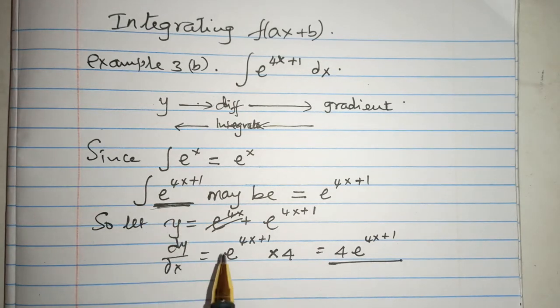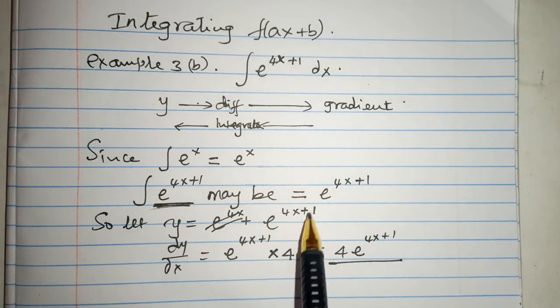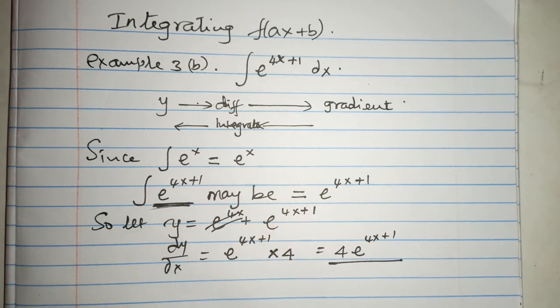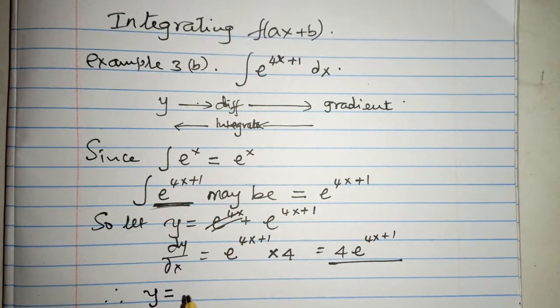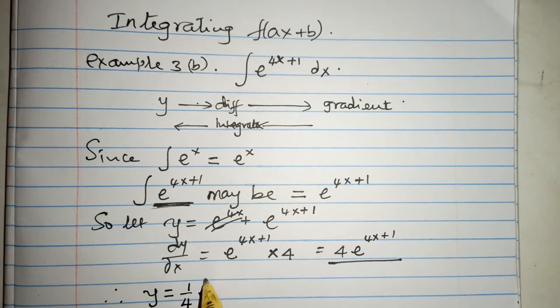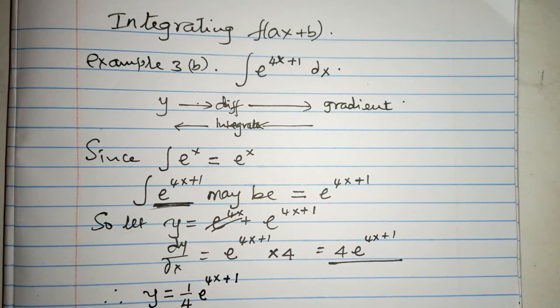That means we ought to have differentiated a quarter of what we differentiated, and therefore y should have been a quarter of e raised to power 4x plus 1. Why do we say this?